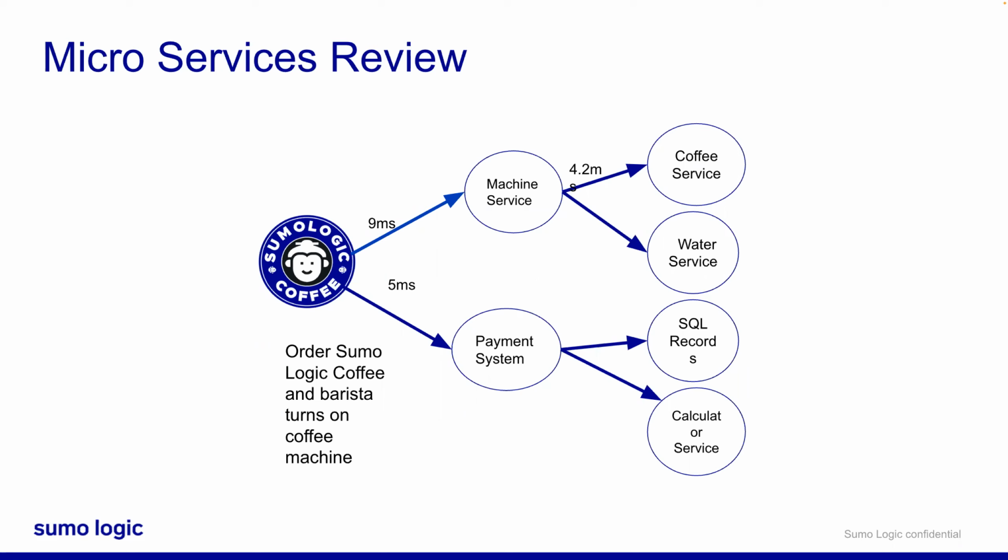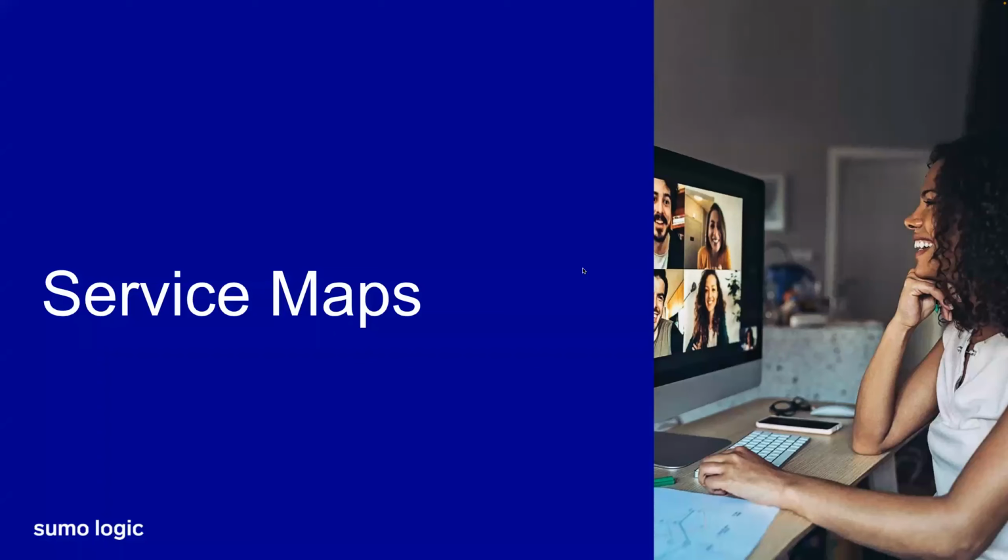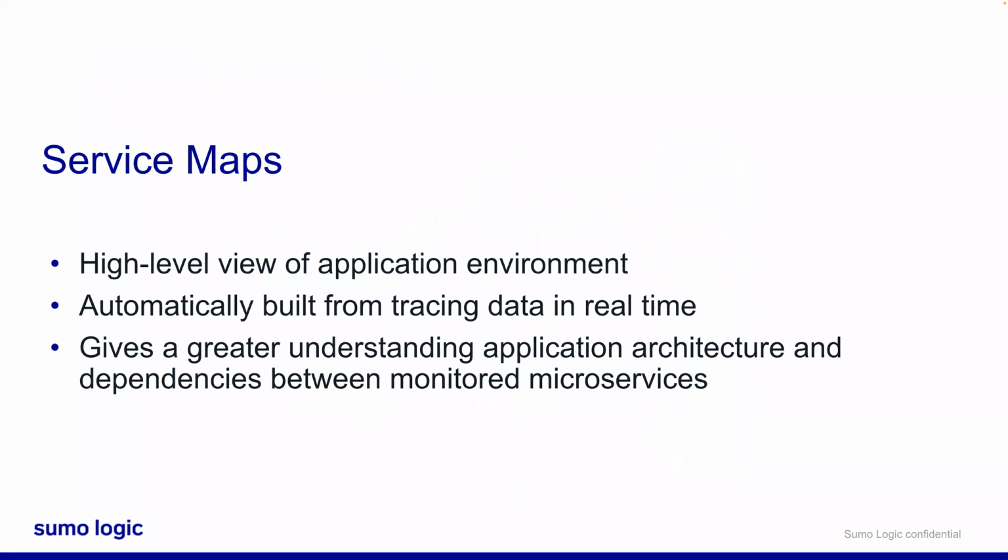All right, I'll do a few more slides here, and I want to talk about service maps. A service map is a constantly updating diagram or map of your services and the interactions they have with each other.